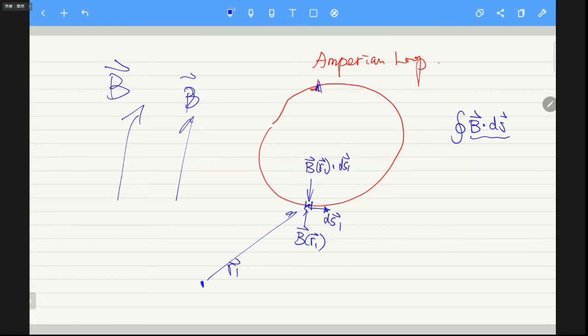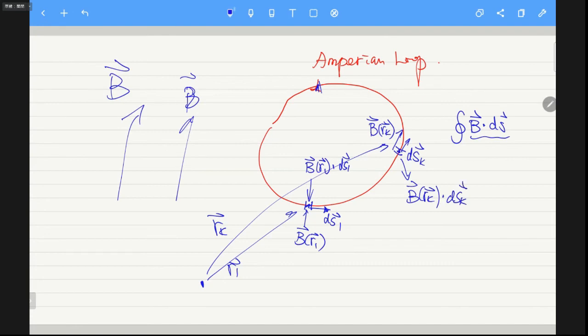Then for example, if this one is called dsk, and this one is rk, at this point we will also have the magnetic field B of rk. So we can also calculate B of rk dot dsk.